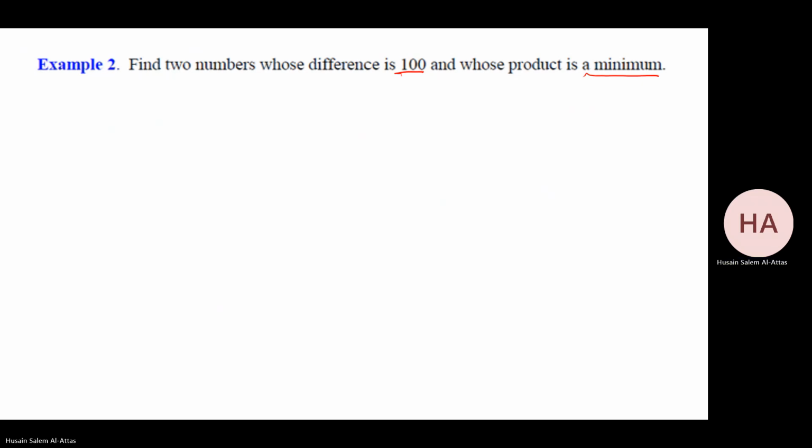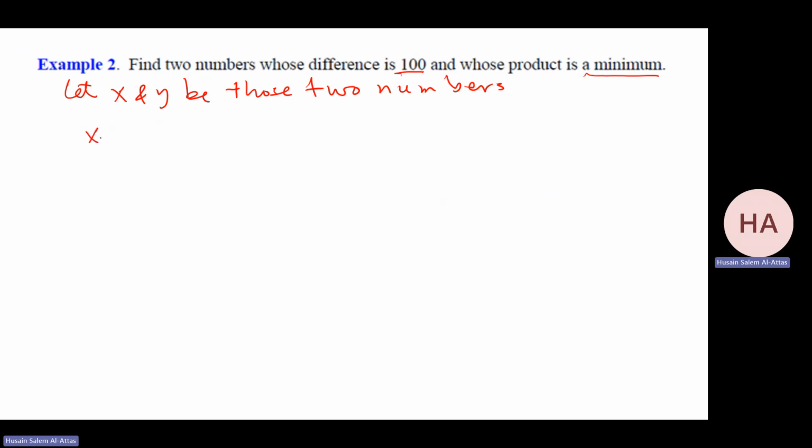So I let these two numbers be X and Y. Then the difference, X minus Y, is equal to 100. This is what I get from this. And I want to minimize the product, which is X times Y.